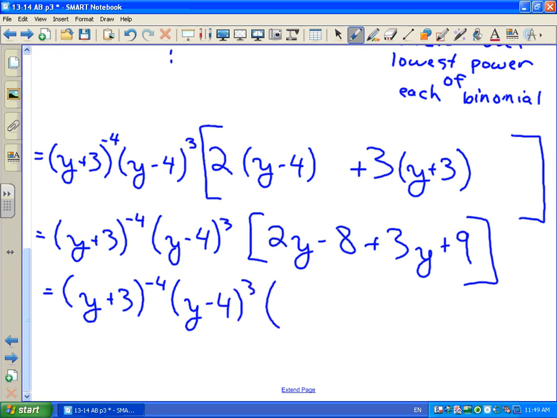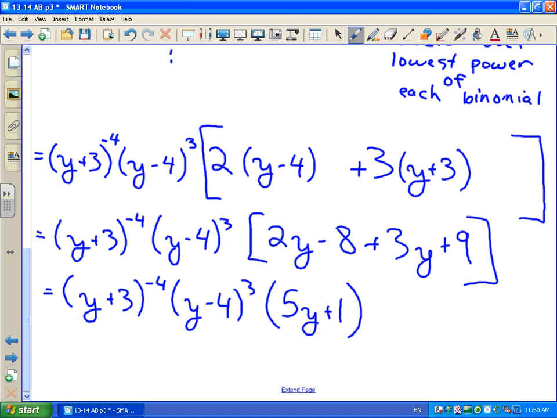So I'm going to have 2y plus 3y is 5y, and then negative 8 plus 9 is just positive 1. And there we go. We've got it fully factored. Okay? So this one simplifies considerably when you get it into factored form.